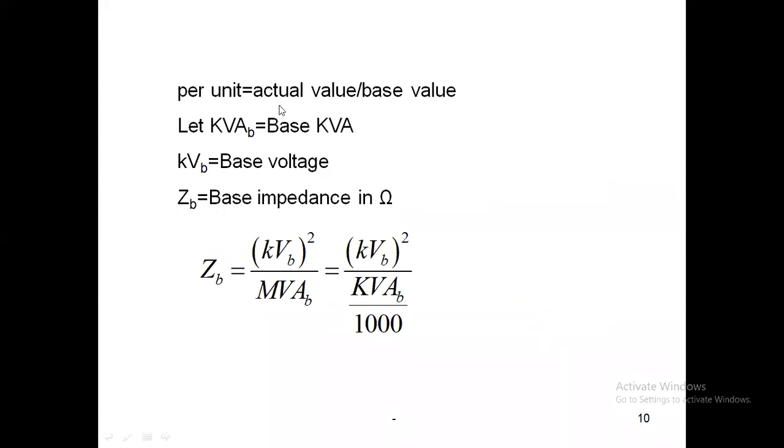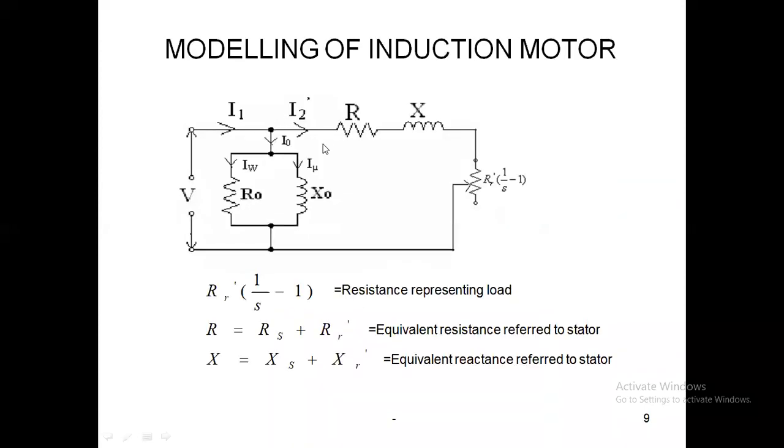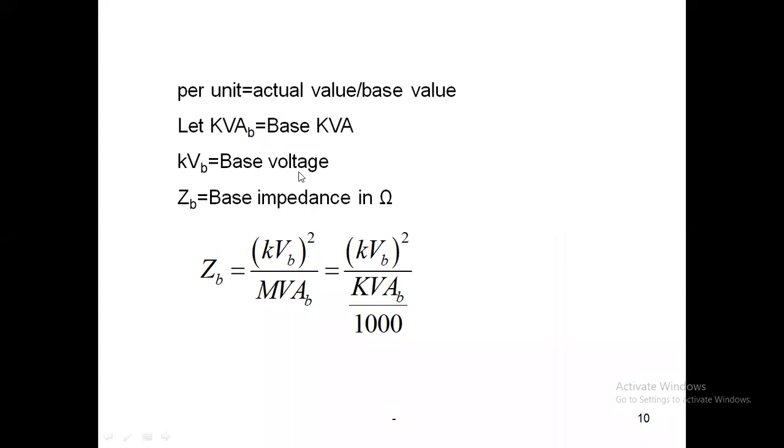After that, we convert all the actual quantities like voltage, impedance, and current into per unit. This is the conversion formula for the per unit conversion of impedance. If you have an impedance, you can convert it into the per unit impedance.